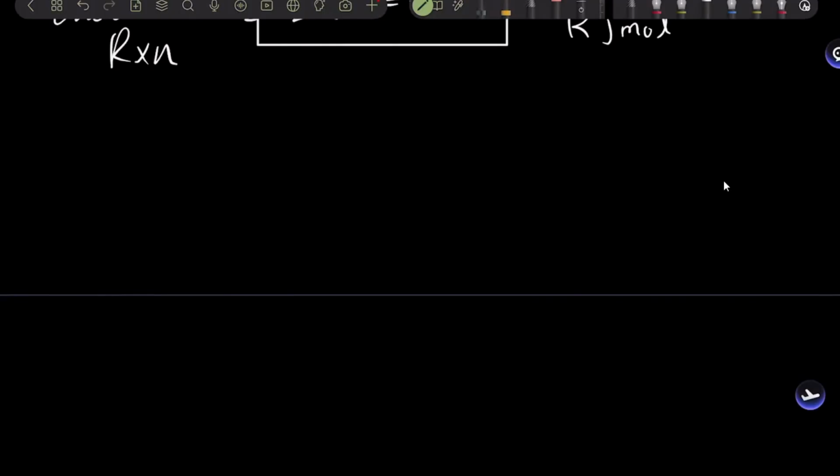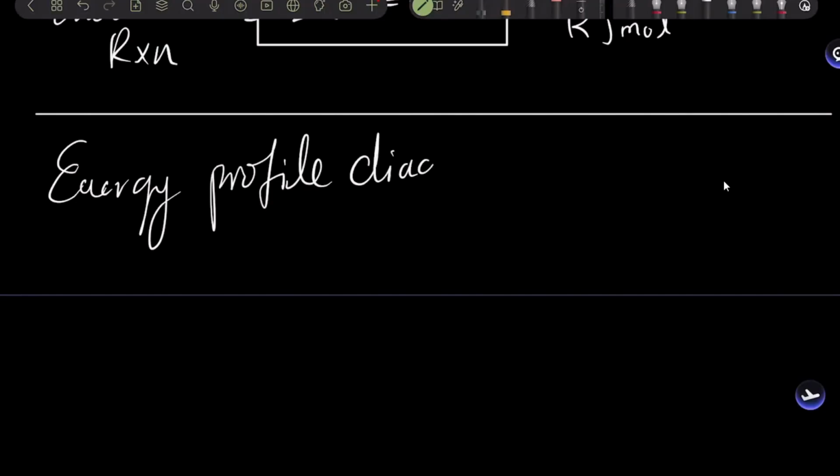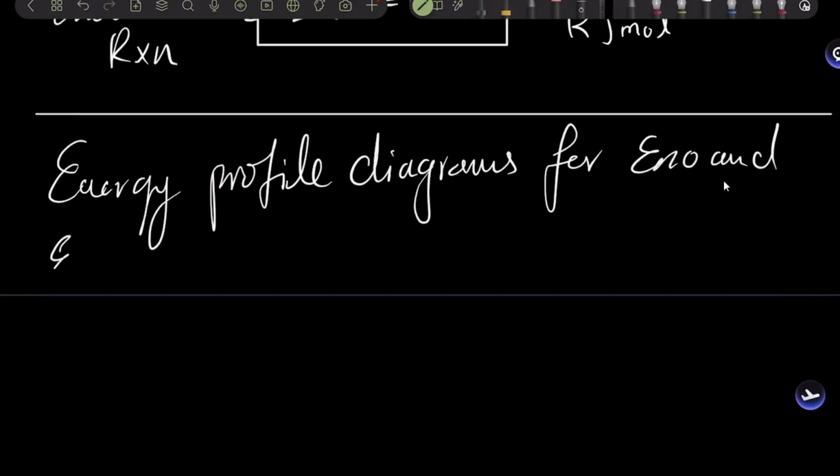You can call them energy profile diagrams. And what do they look like? You've already seen them previously, but let's revise that also. So next would be energy profile diagrams for exo and endo reactions.